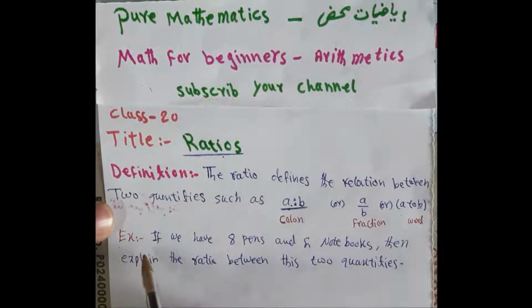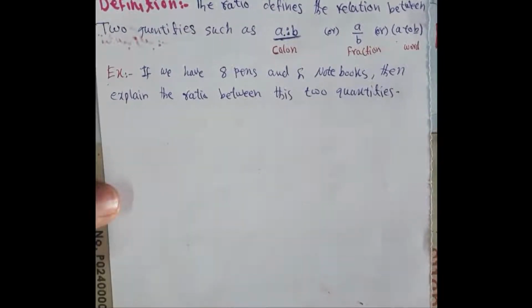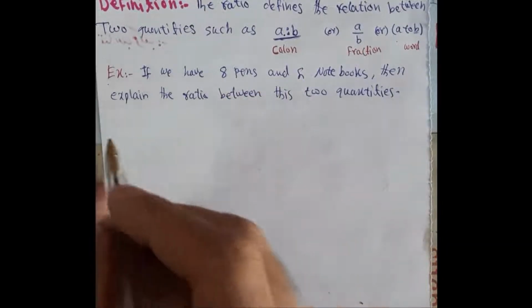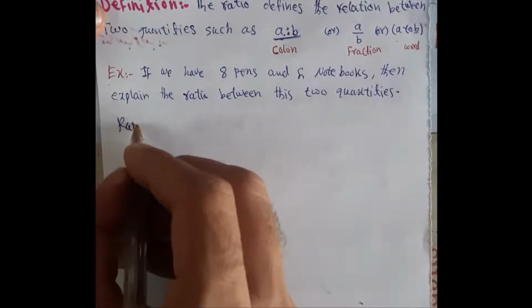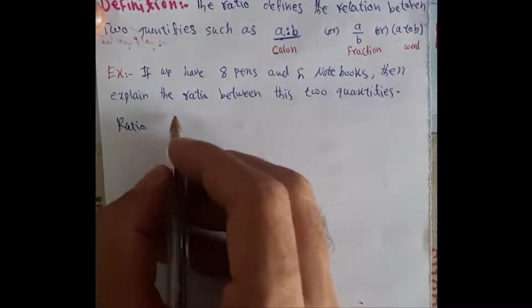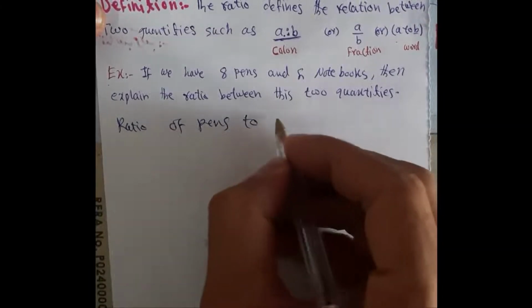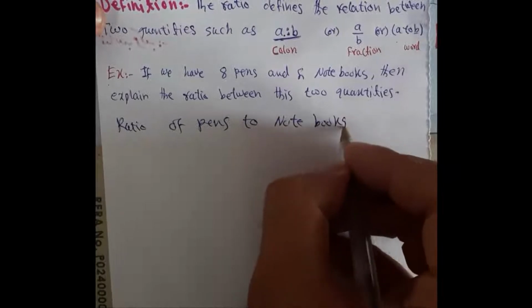Here is an example. If we have 8 pens and 5 notebooks, then explain the ratio between these two quantities. The ratio of pens to notebooks.